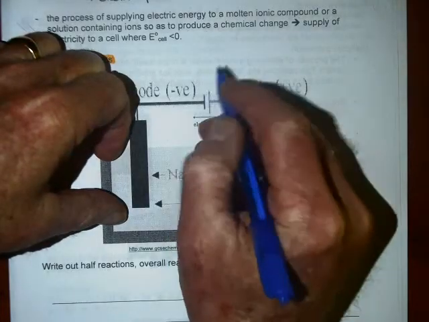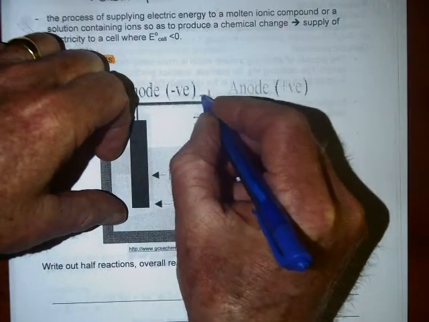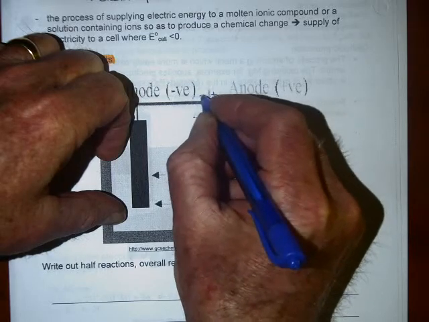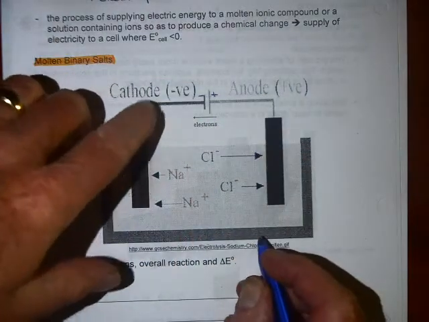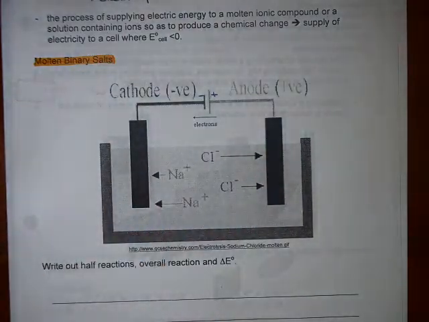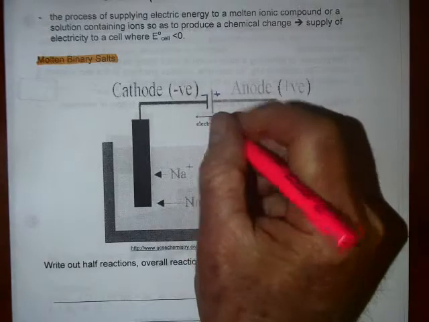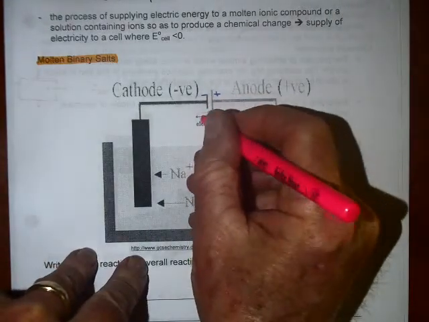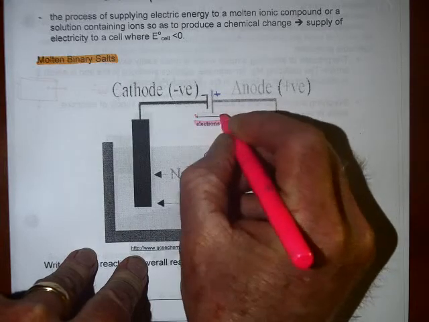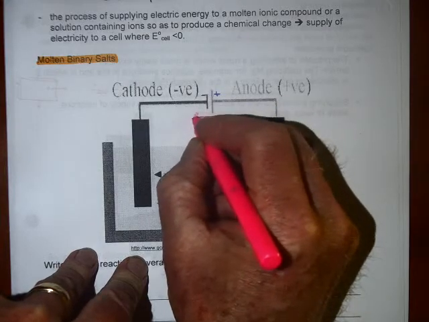So this is always the negative, and this is a positive. And so if you ever see that, what that means is that electrons are going to move in that direction. So this is an important part of it. So electrons are going to be moving in this direction.